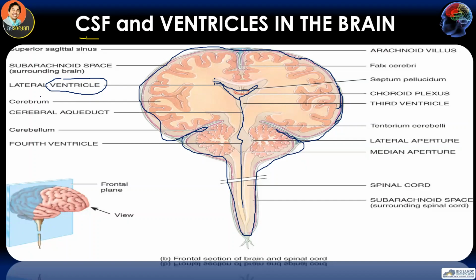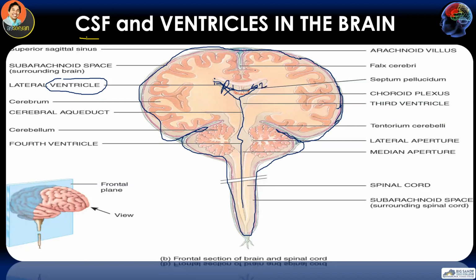The first ones are called the lateral ventricles, on the left side and the right side. So this is the left ventricle, and this is the right lateral ventricle. So these are ventricles 1 and 2.